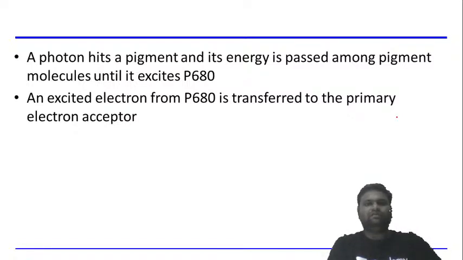A photon hits a pigment and its energy is passed among the pigment molecules until it excites P680. An excited electron from P680 is transferred to the primary electron acceptor.